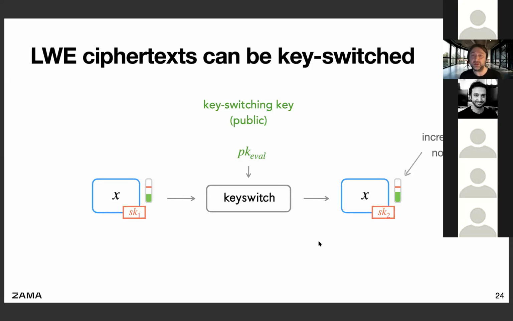To be able to do that, you need to provide some kind of proxy re-encryption key, which in this case is part of the public evaluation key. We call that the key switching key, which is totally public and allows you to convert the ciphertext under SK1 into a ciphertext of the same thing under SK2. The problem with that is that you increase the level of noise by doing this. It's not a bootstrapping, it's another operation, just changing the value of the secret key, but it's a very useful operation.